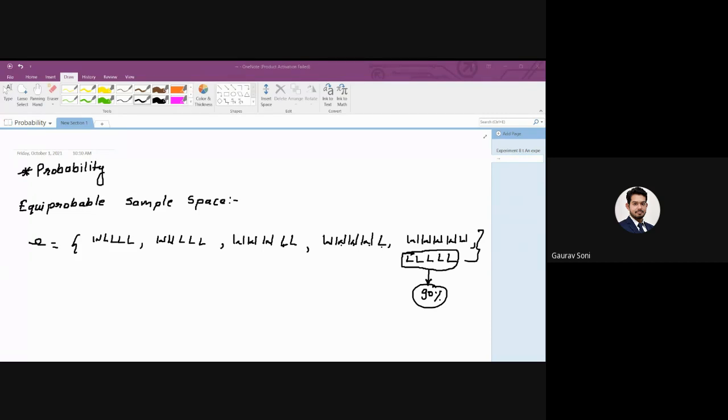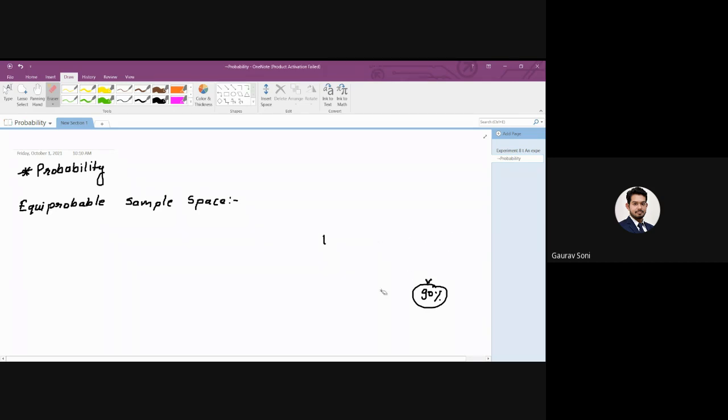So this is the meaning of equiprobable sample space: a sample space in which each sample point has equal probability of occurrence. This type of sample space is called an equiprobable sample space.